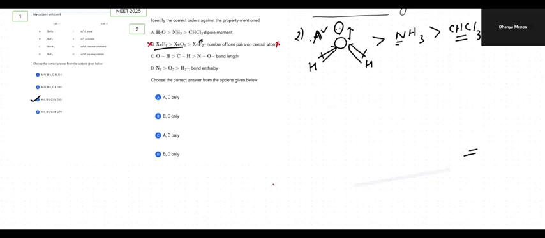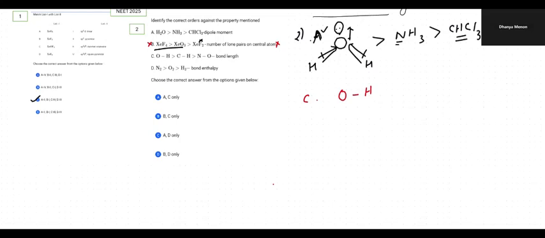Now coming to the C statement. Let's check if it is correct. Bond length. Bond length of OH. Now, O is highly electronegative. If the electronegativity is more, now the OH bond length.